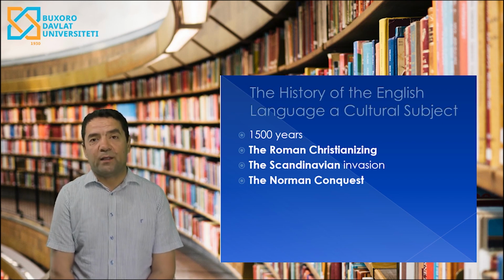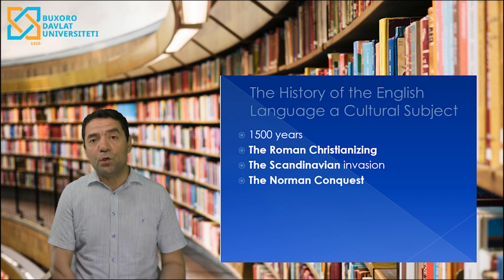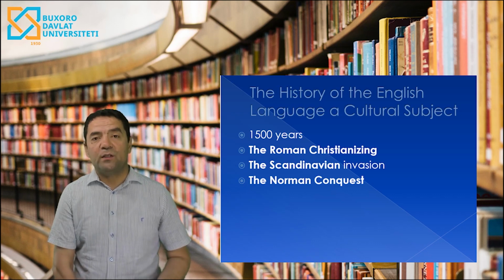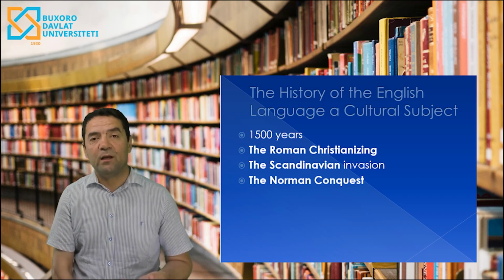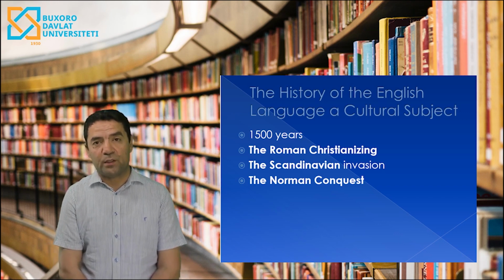The other impact, which is much more noticeable in the history of the English language, that changed its direction from synthetic into analytic, was the Norman conquest of the 12th century.